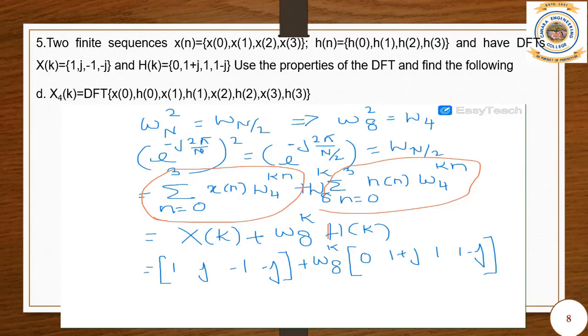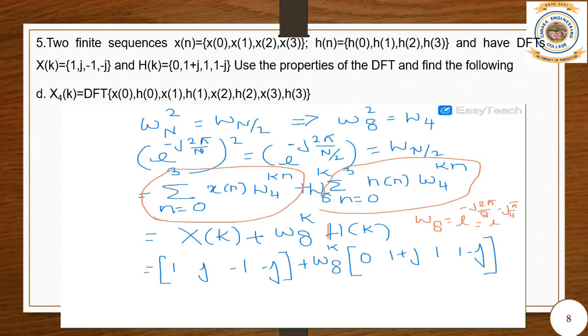Now let us consider what is W8. W8 is equal to, in our case, e to the power minus j 2 pi by 8. That gives you e to the power minus j pi by 4.